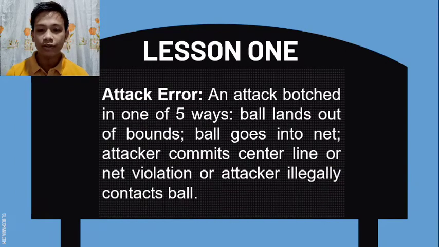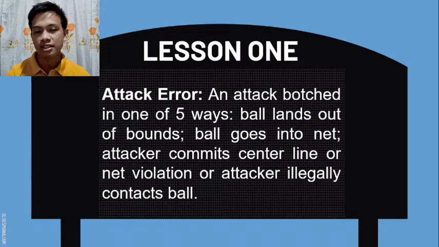Next, attack error. An attack botch in one of 5 ways. So ito yung mga sample. Ball lands out of bounds. So kunwari, yung inyong team nag-try to do an attack. Unfortunately, it lands out or it landed outside the court. Ayan, out of bounds. Next, ball goes into net.